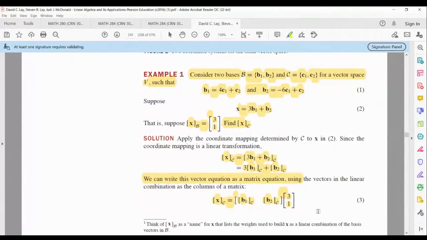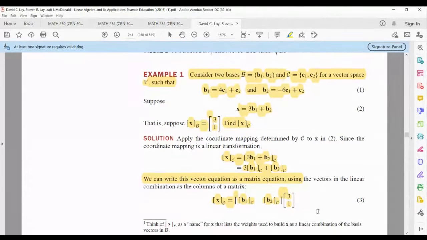The first matrix has as its column vectors the coordinate vectors of b1 and b2 with respect to C, and then 3 and 1 are the elements of the column vector. Again, your understanding of matrix multiplication helps you a lot in seeing this.